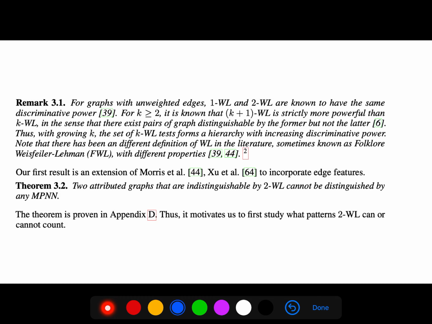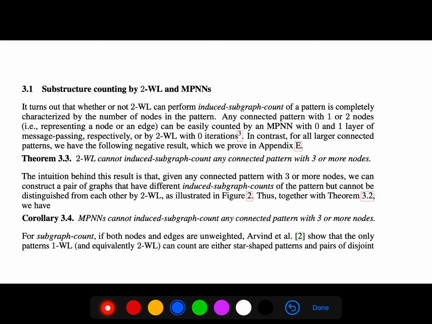They have a theorem that says two attributed graphs that are indistinguishable by 2WL cannot be distinguished by any message passing neural network. And 2WL cannot count induced subgraphs of any connected pattern with three or more nodes.